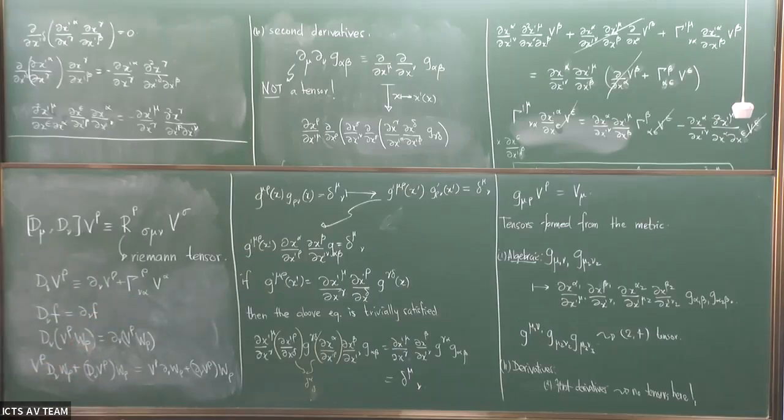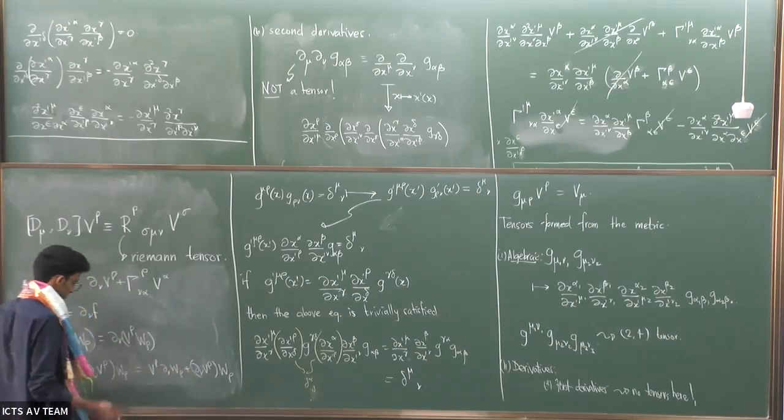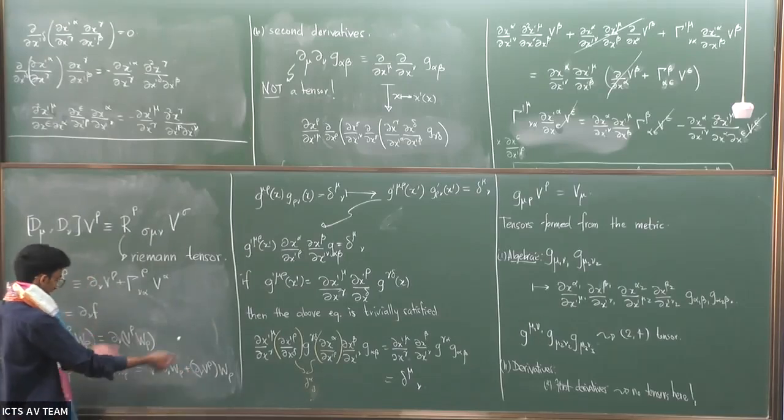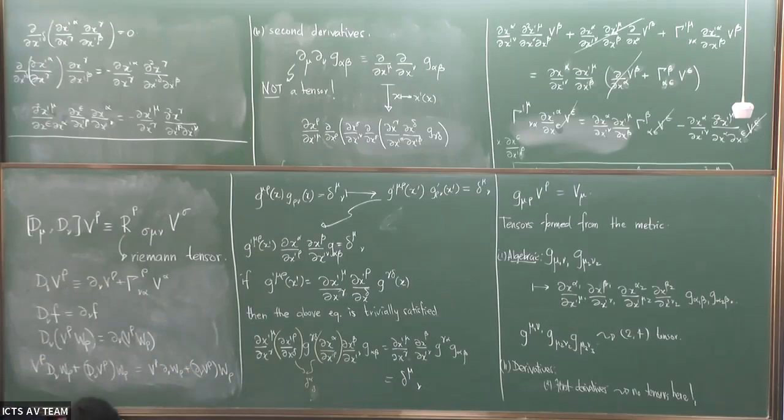So you can take the upper index object and substitute it here. This side is just partial derivatives anyway, so there's nothing to substitute. Substitute this here, take it to the other side, cancel, and you'll get the minus sign. It's obvious, because you're putting a plus gamma on this side and then taking it to the other side, you get a minus sign. You want me to do this? Let me do this. Some of you seem puzzled.